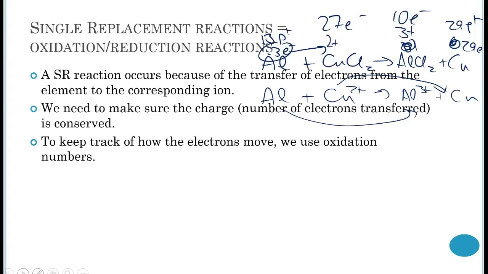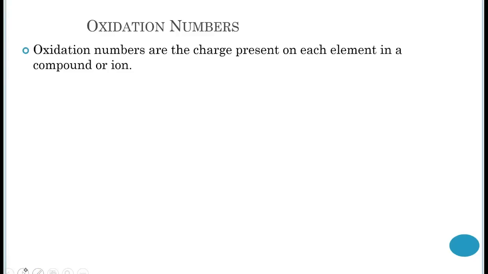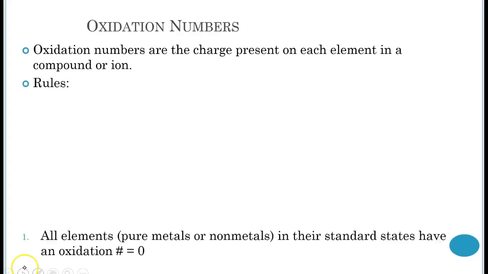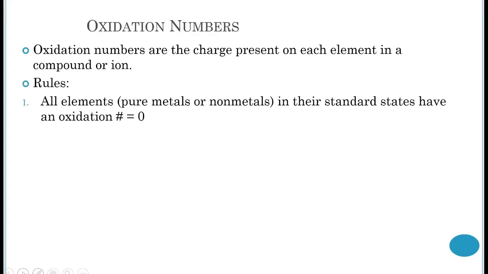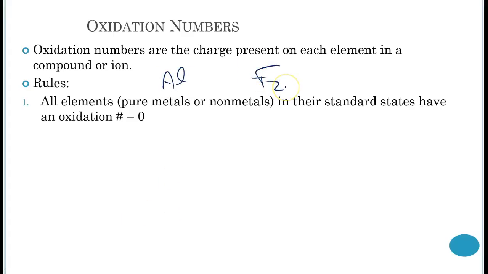But first we're going to do something called oxidation numbers, and that would be charges. Oxidation numbers are the charge present on each element in either a compound or an ion. It's very similar to what we were doing when we were doing Roman numerals. So the rules: anything that's an element, when you see it written as aluminum or written as fluorine, those are elements in their standard states.